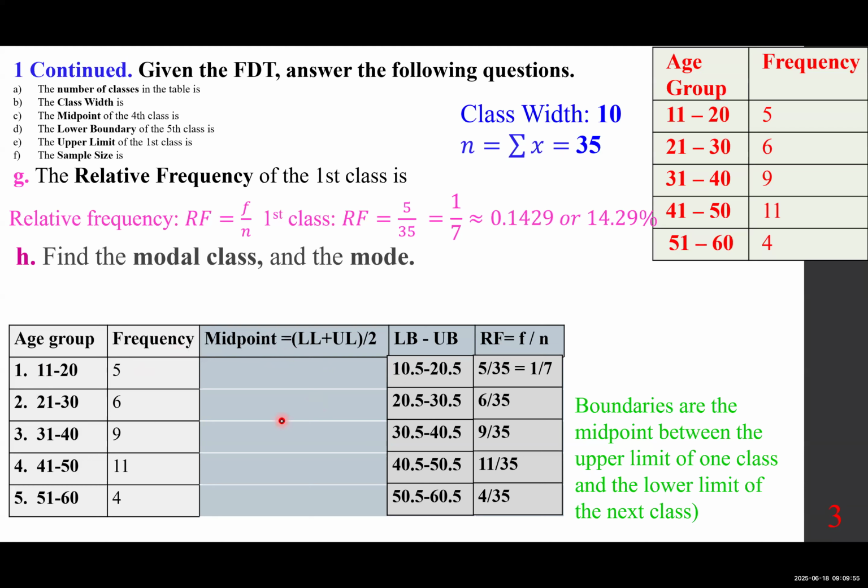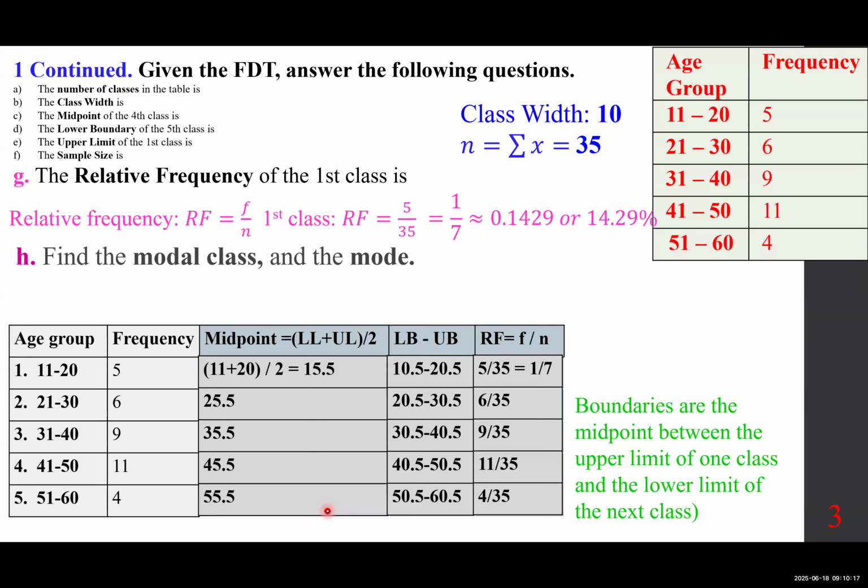So 11 and 20, 31, divided by 2 is 15.5. And then you don't have to evaluate the rest of them, just add the width. So if the first one is 15.5, keep on adding 10. The next one becomes 25.5, 35.5, 45.5, 55.5.